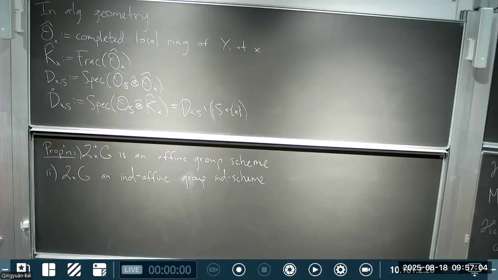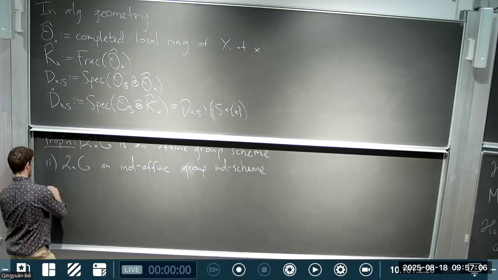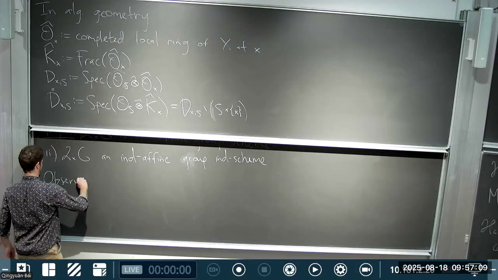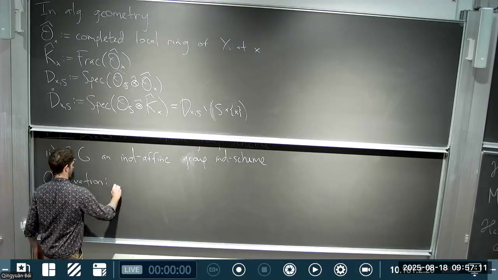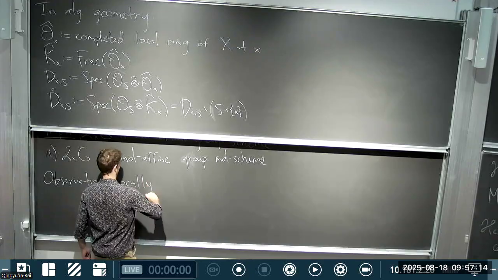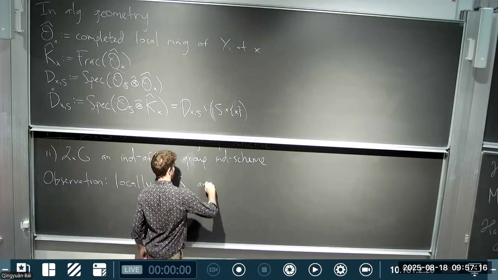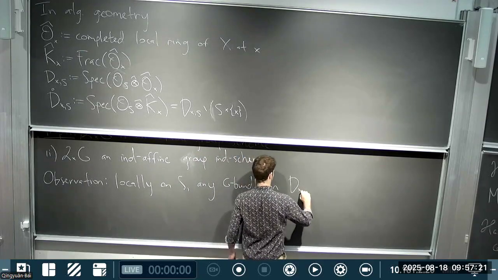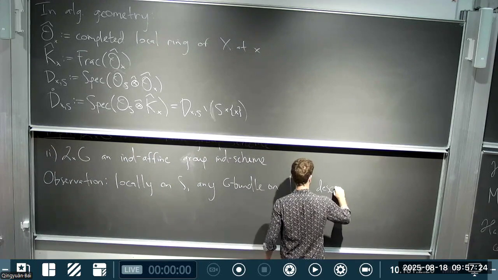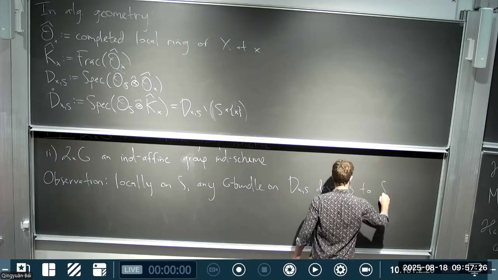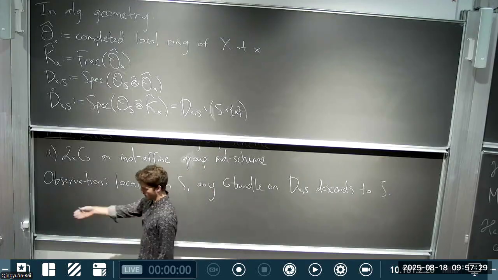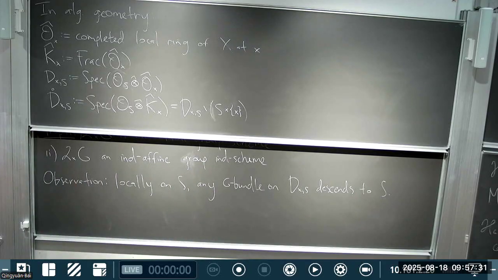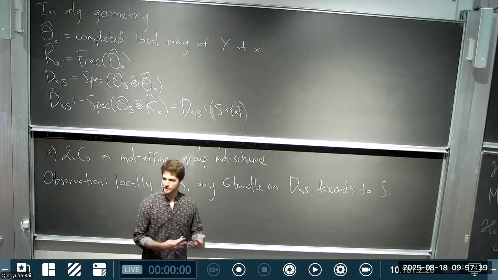And so here's the key observation for this uniformization. Locally on the test scheme S, any G bundle on the parameterized disk actually descends to S. What I mean is, if I have a G bundle on the parameterized disk, I can change base along some étale covering of S to some S prime, say, and then after doing this, the G bundle will actually descend to S prime.